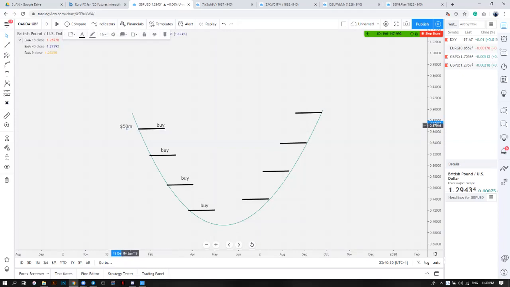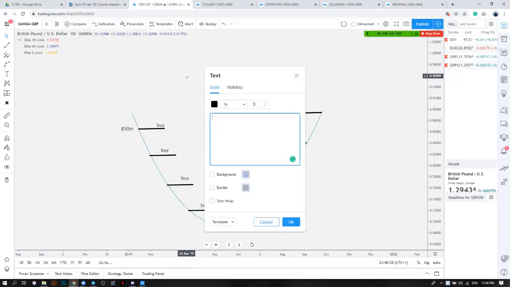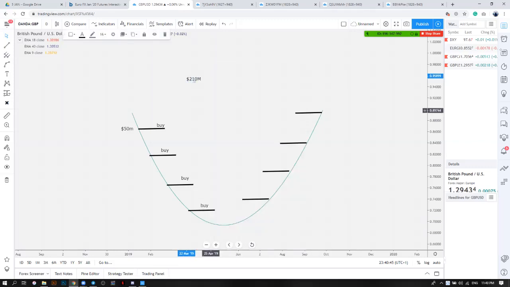But now the volume of the sellers or the sell orders in the marketplace is still around, let's say, $210 million on the sell side. On the buy side, the volume is $50 million from the commercials. As the market drops down even further, then they buy 60.